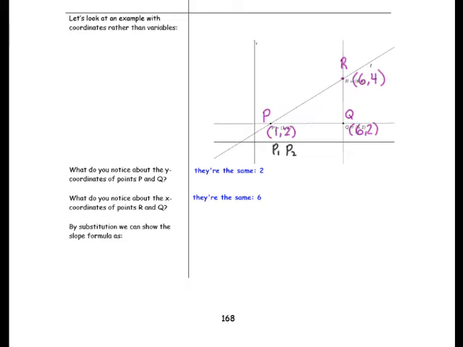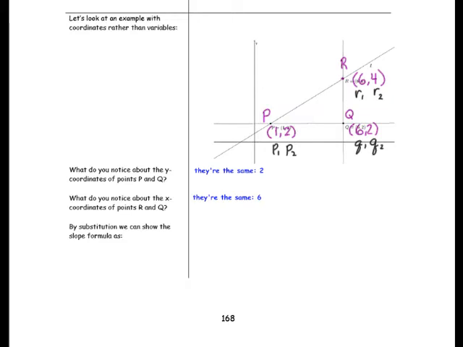For Q, the x-coordinate is Q1, and let's do that with a lowercase q, and the y-coordinate is Q sub 2. And for the point R, we have R sub 1 is the x-coordinate and R sub 2 is the y-coordinate. So notice that the sub 1 is always the x-coordinate and sub 2 is always the y-coordinate.